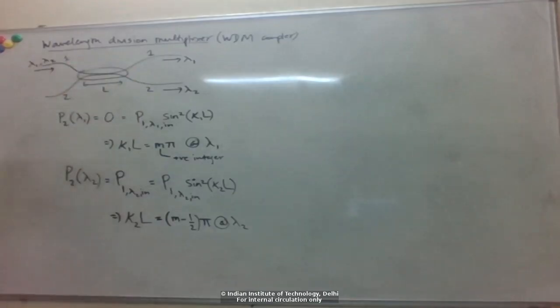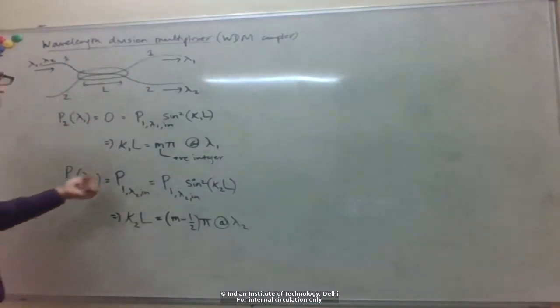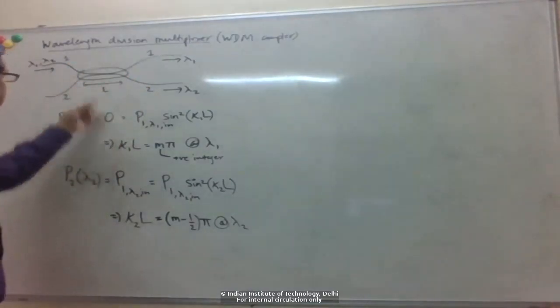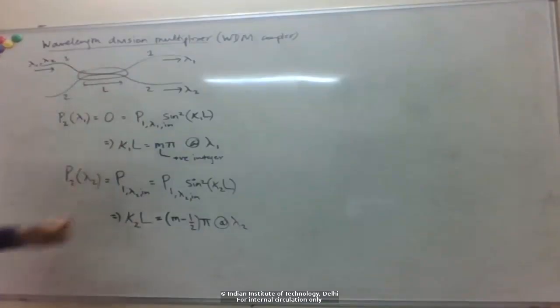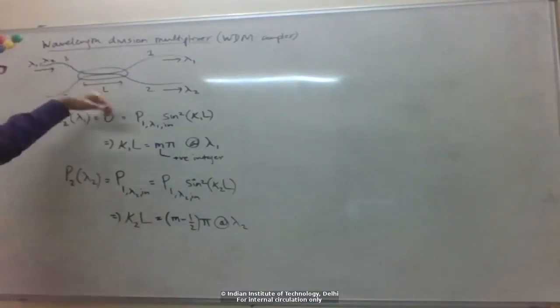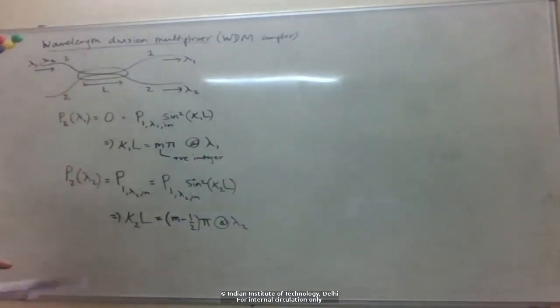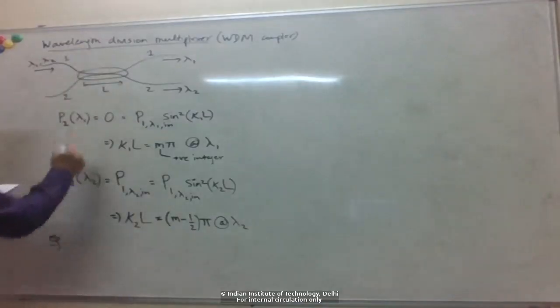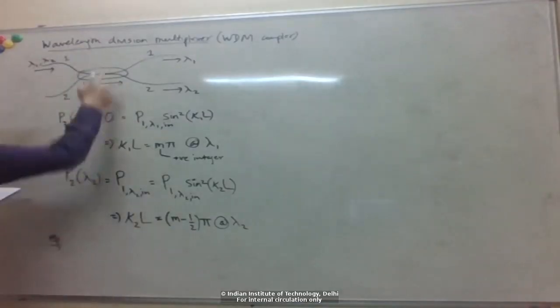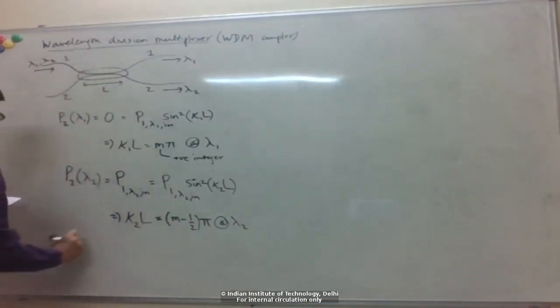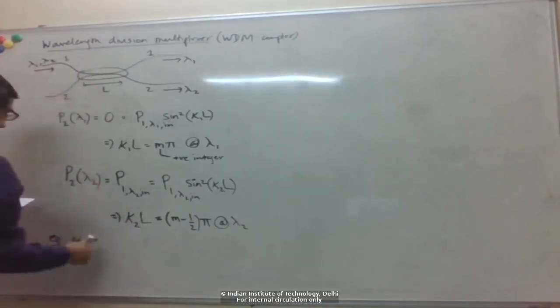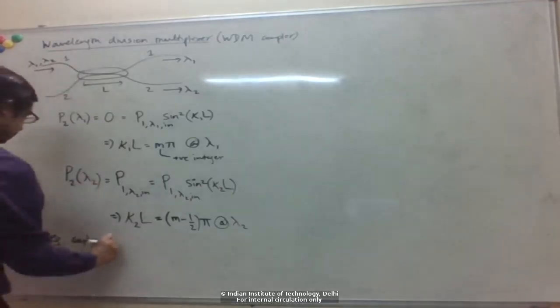Then we can use those design parameters to find out what lengths we need and what the separation of the cores of the coupler should be to do this functionality for that particular wavelength. So for example, consider a coupler here with identical fibers. Both fibers 1 and 2 are identical. So this is the phase matched case.